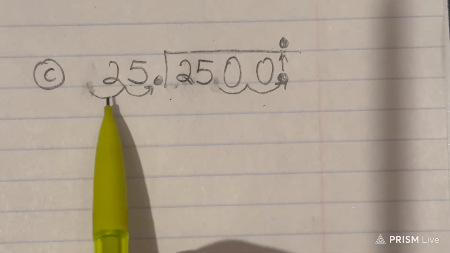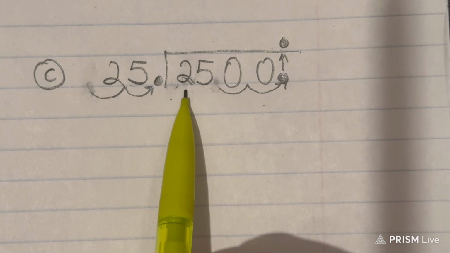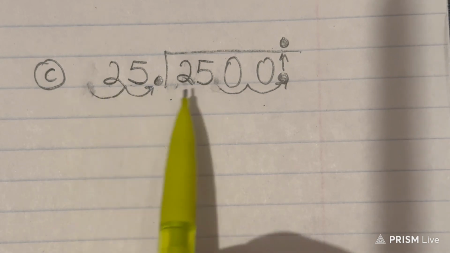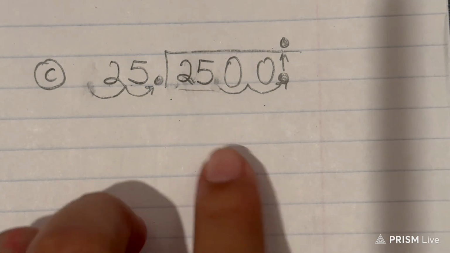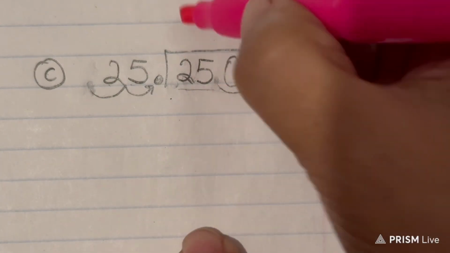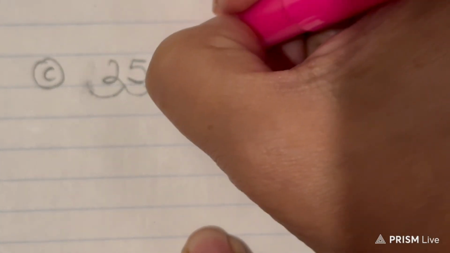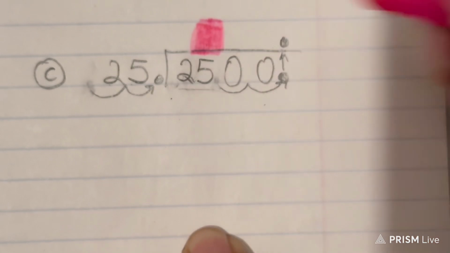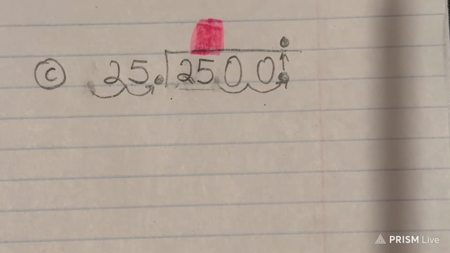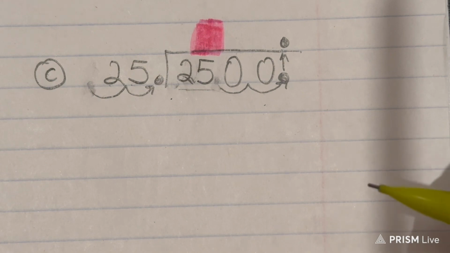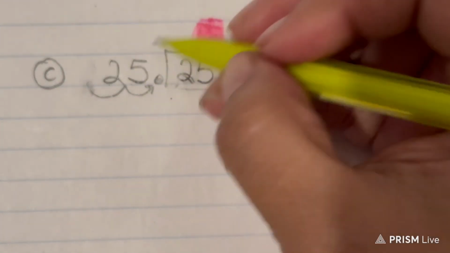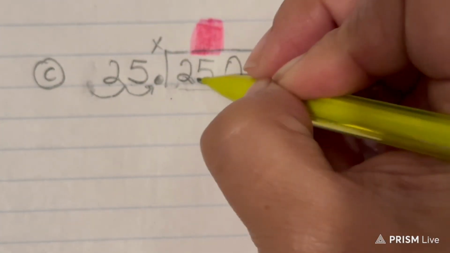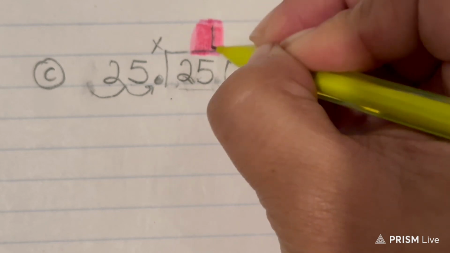Now I need to ask myself, can 25 go into 2? No, it cannot. Can 25 go into 25? Yes, it can, and because it goes at the end of 5, my answer, whenever I get my answer, will start right here, right above the 5. So we need to set that up first. So now I can go ahead and do my partial quotients. If you guys are not sure how to do it, you can do your easy multiples. But let's go ahead and do 25 can go into 25 one time.